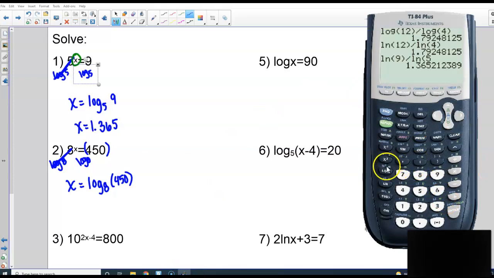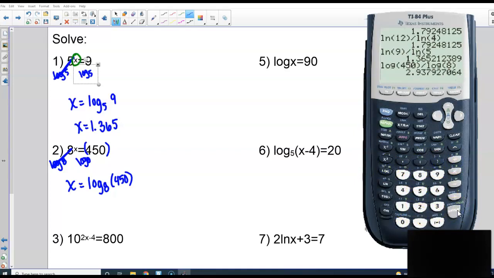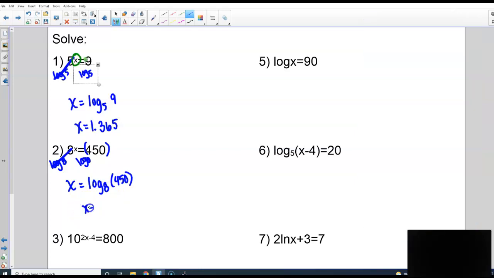So log of 450 over log of 8 is going to be 2.938. Okay, questions?